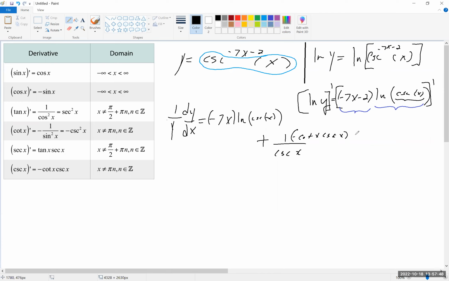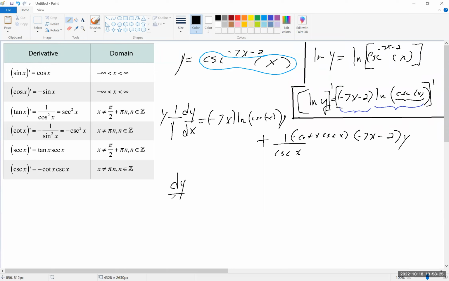And to that, we want to multiply the minus 7x minus 2. Let me separate these because it might be getting confusing. Now the only thing left to do is multiply everything by y.